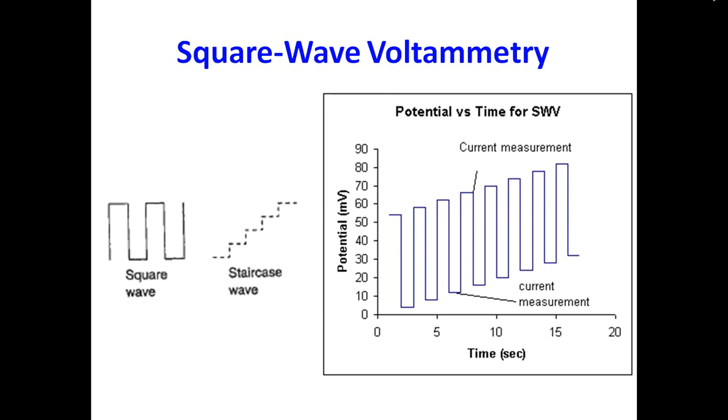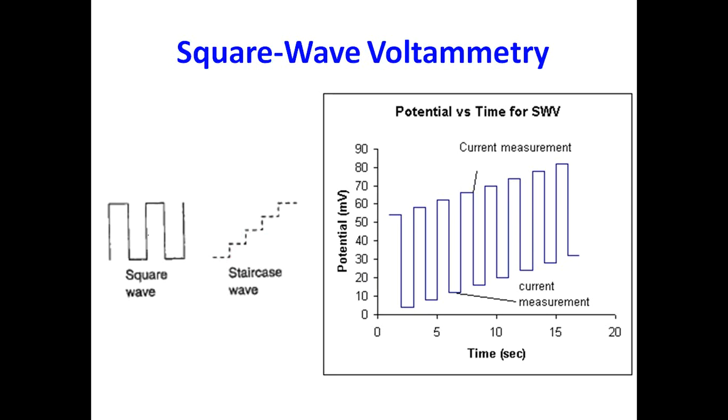The other kind of polarography is square wave voltammetry. It is a polarographic method where you apply a square wave potential to the system. Previously we saw a staircase wave where the potential is increased every time by about 10 millivolts.